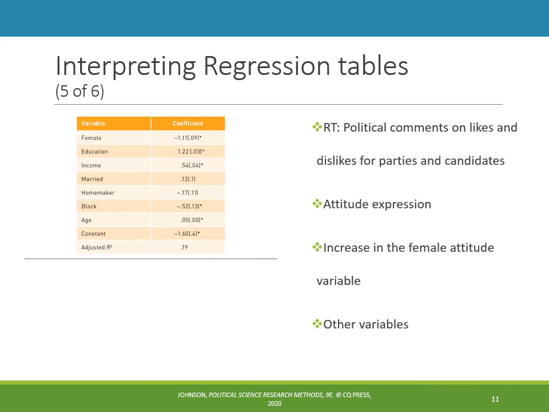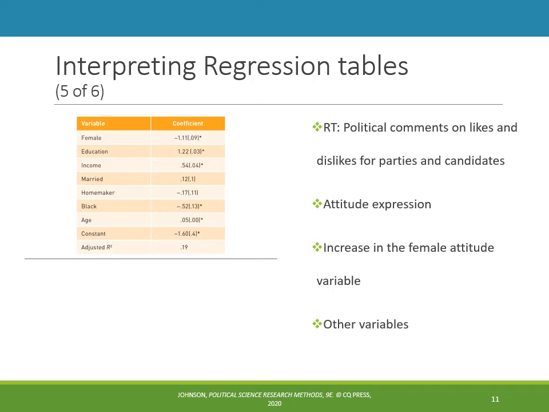So if you see a table like this, and it's very common within most journal articles and papers, there's a specific way that you have to interpret them. You have to make sure that you are taking into consideration that you're holding all of these other variables constant, or you're taking them into consideration. That's basically what you're saying there, but it's specific language that you use to describe it.